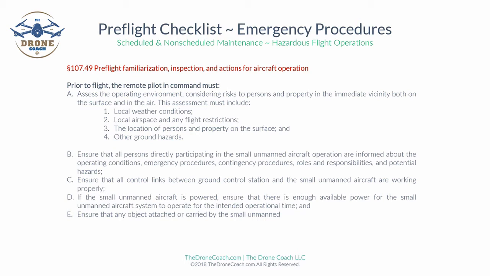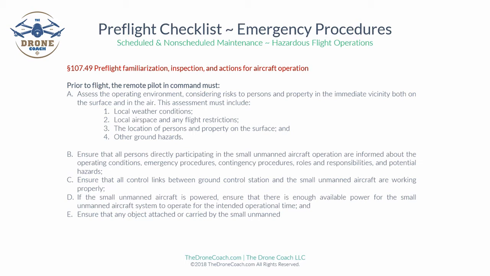Also ensure that all persons directly participating in the small unmanned aircraft operation are informed about the operating conditions, emergency procedures, contingency procedures, roles and responsibilities, and potential hazards. Also ensure that all control links between the ground control station and the small unmanned aircraft are working properly.